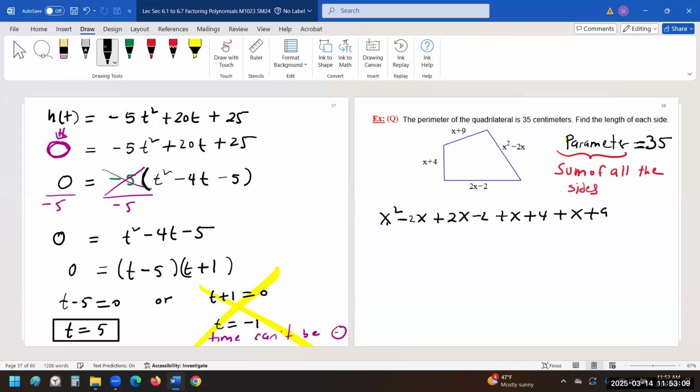So I added all the sides, and this sum should equal what? 35. Because they're telling us the sum of all the sides is 35. So when you add all four sides, the result has to be 35.